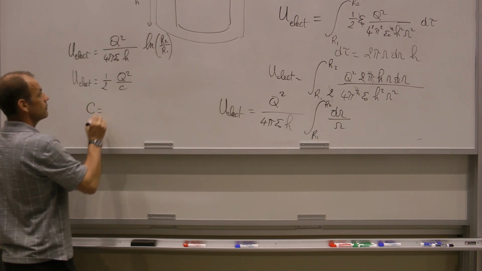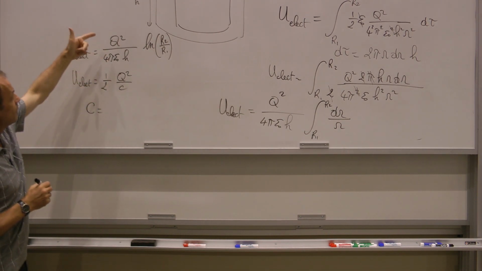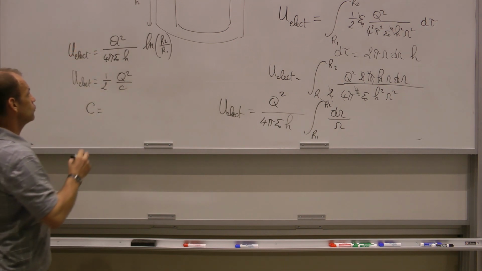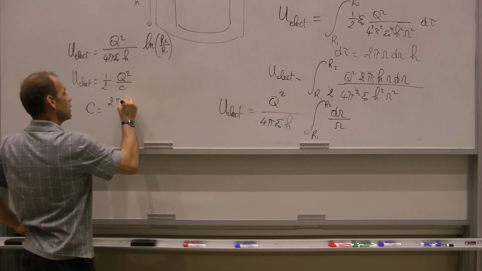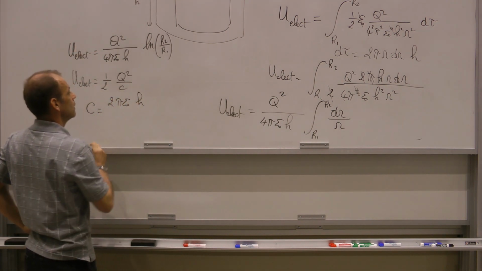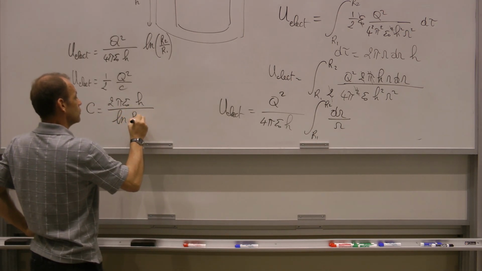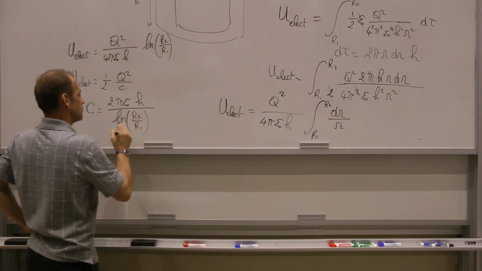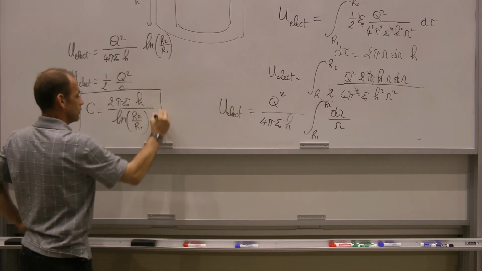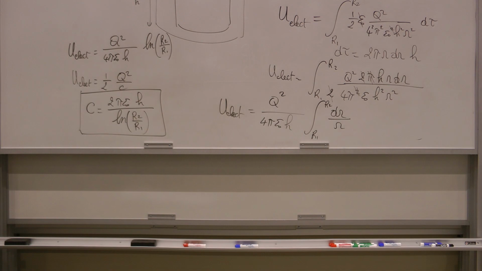So the capacitance is equal to, I'm going to have to flip this, divided by 2, so I'm left with 2 pi epsilon 0 h and then divided by ln of R2 over R1.